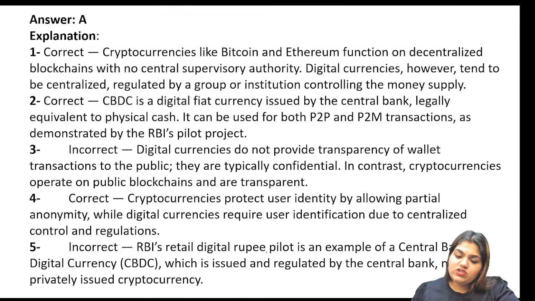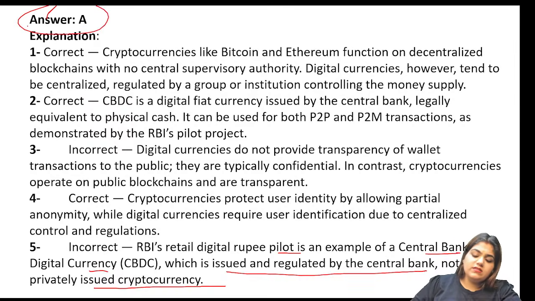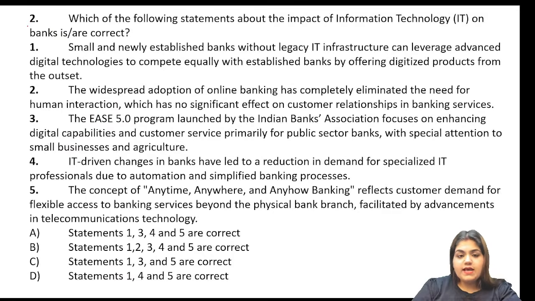The RBI Digital Rupee pilot is an example of central bank digital currency, which is issued and regulated by the central bank, not privately issued cryptocurrency. A is the correct answer. Next question.